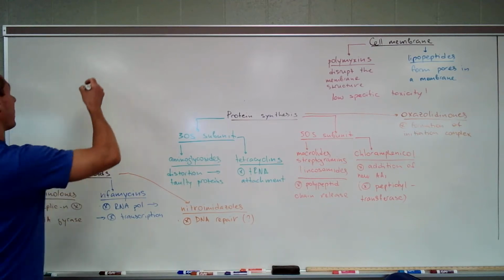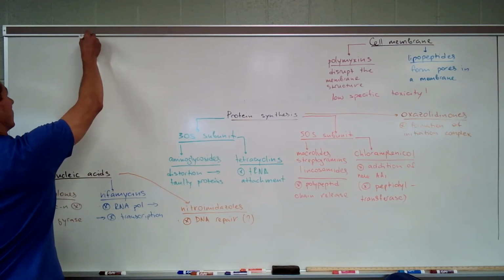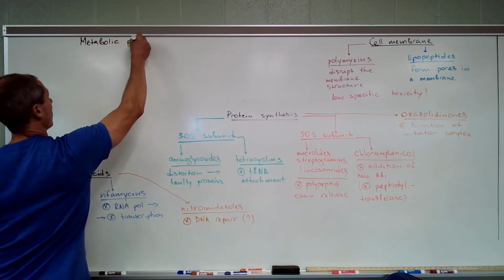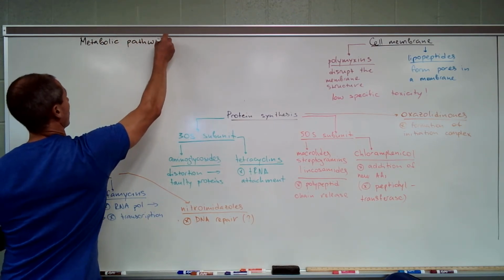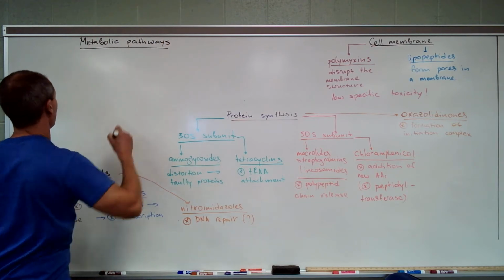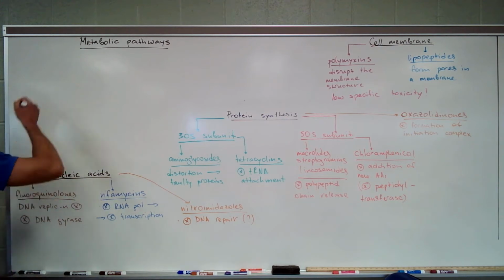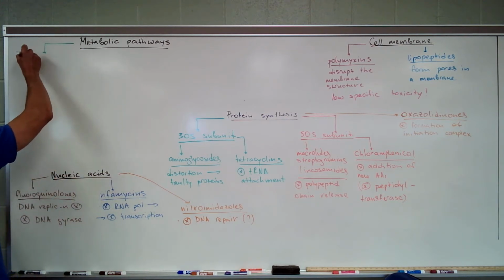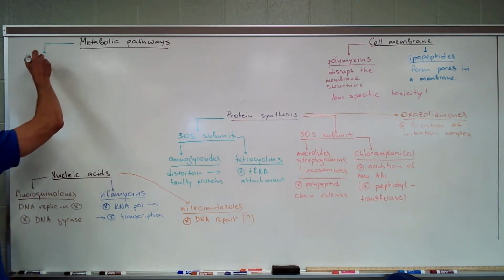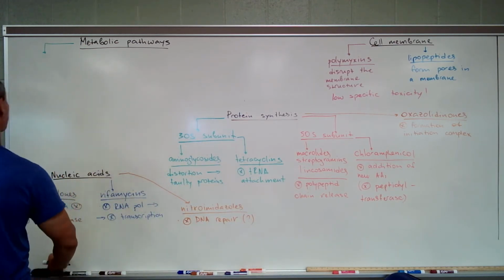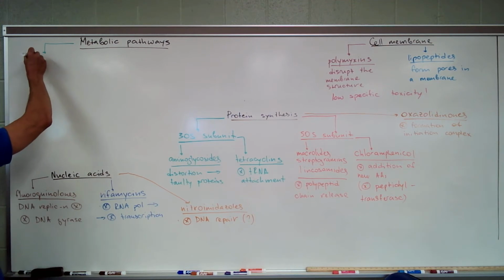Okay, metabolic pathways inhibitors. So the first group of sorts will be synthesis of folic acid. Sorry, the class is going to be sulfa drugs.